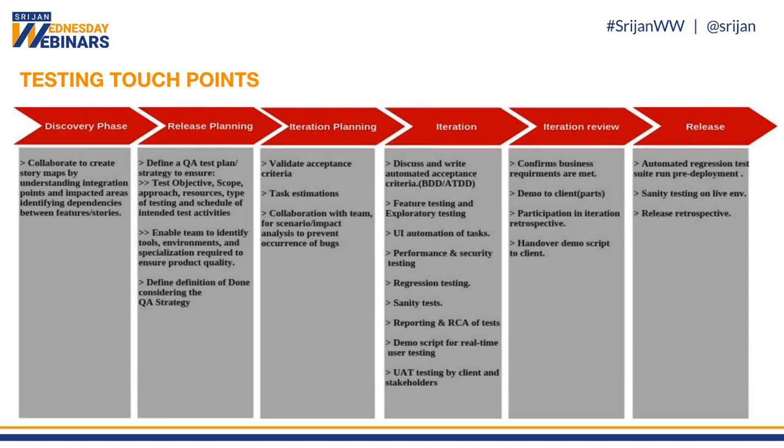So after the iteration planning is done, we come to the most extensive stage of the whole project, which is the iteration, in which we are actually into the action of doing something. At this stage, we discuss and write automated acceptance criteria, and we discuss these things with the PO, BA, and other stakeholders so that we are on the same page.